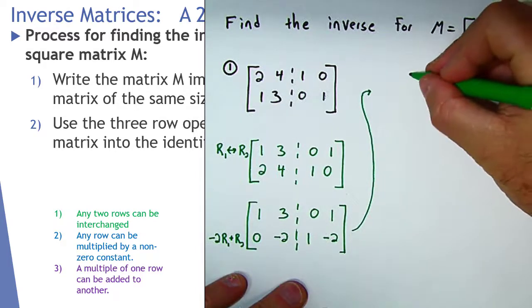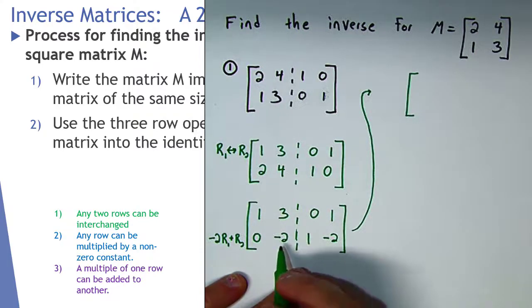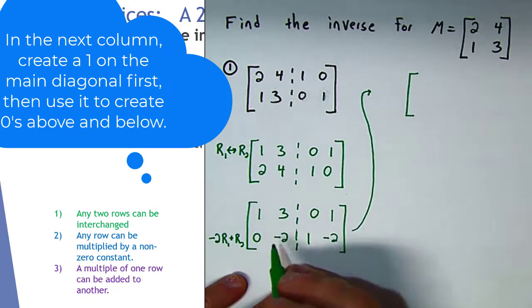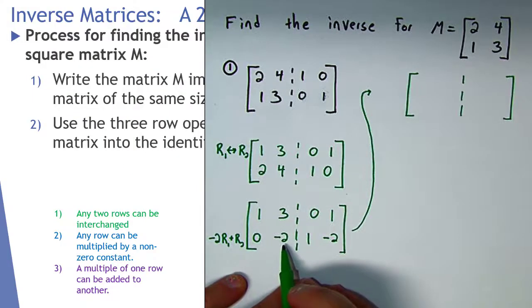So now we want to find a way to move on to the next column. We need a 1 in this bottom right spot. We move from left to right, always getting the 1 and then the zeros. So how can we change this into a 1? Well, let's make use of our second row operation. We can multiply any row by a non-zero constant, and that's allowed.